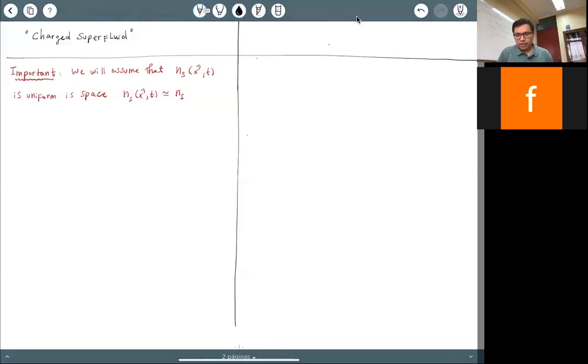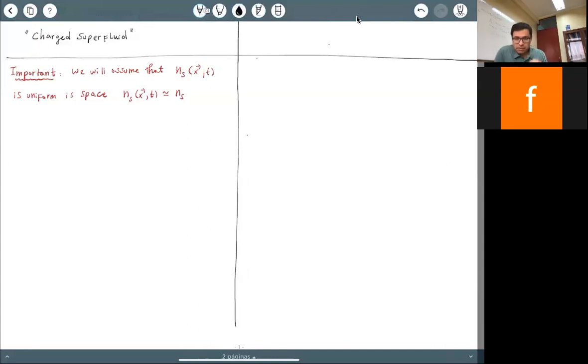The way to think about this is that you have a homogeneous distribution of Cooper pairs in the sample. This is why we assume this condition here.